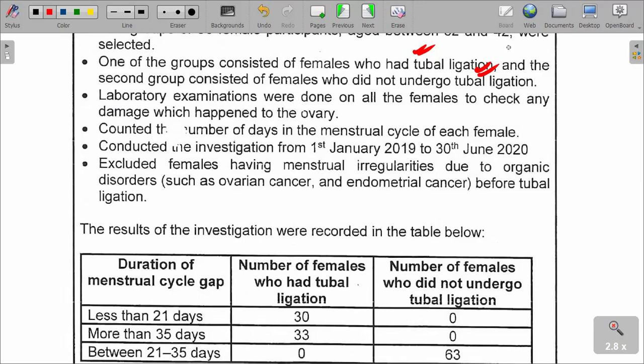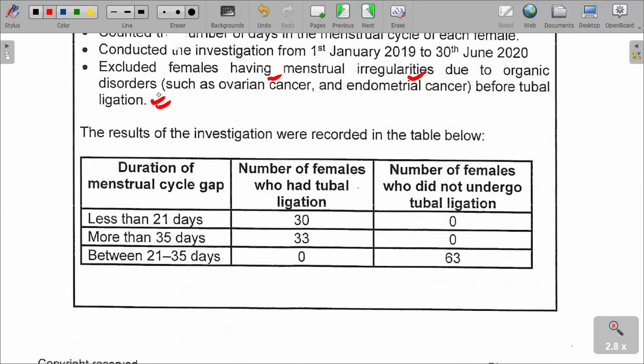They conducted the investigation from 1st January 2019 to 30th June 2020, and excluded females having menstrual irregularities due to organic disorders such as ovarian cancer, endometrial cancer, before tubal litigation. So these were excluded because they have some problems which would also affect the investigation.